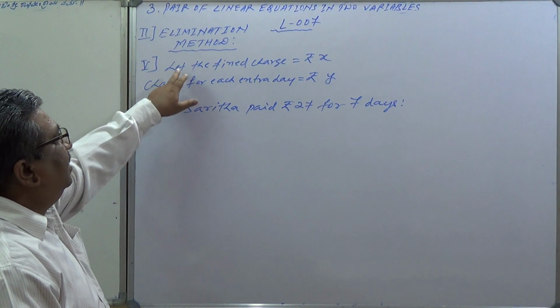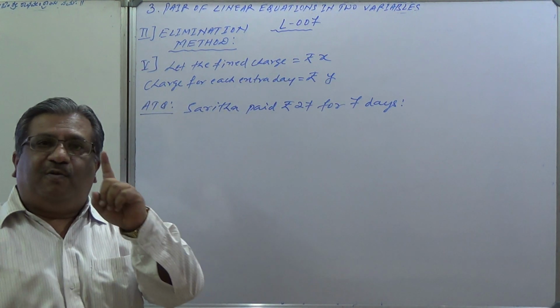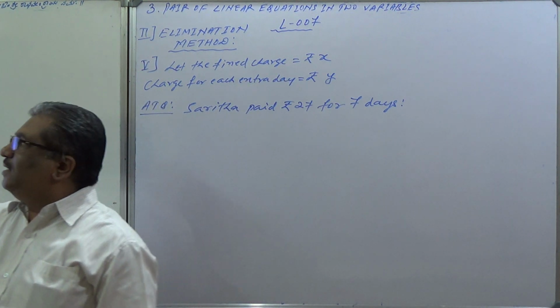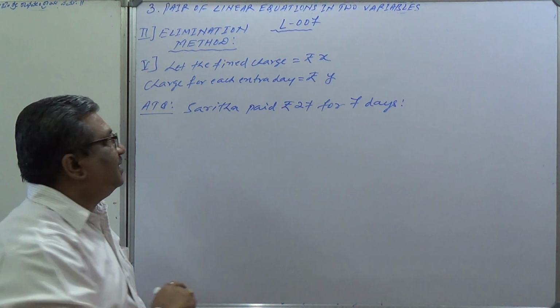One more thing, this fixed charge is for the first 3 days. So I just want to modify a little bit. The fixed charge for the first 3 days is given.